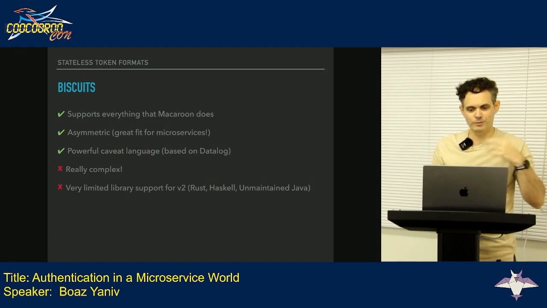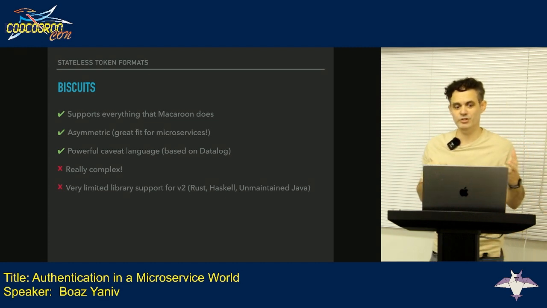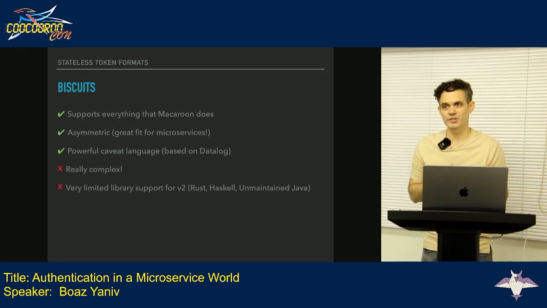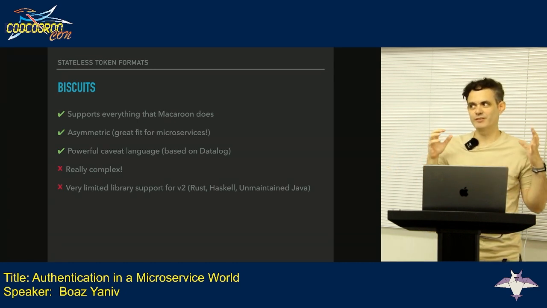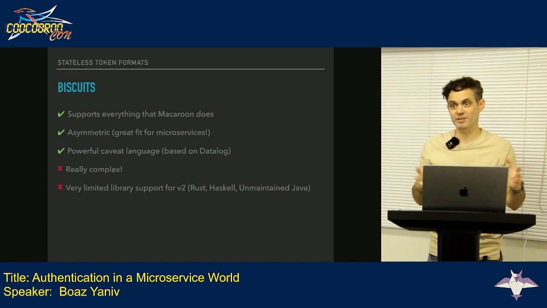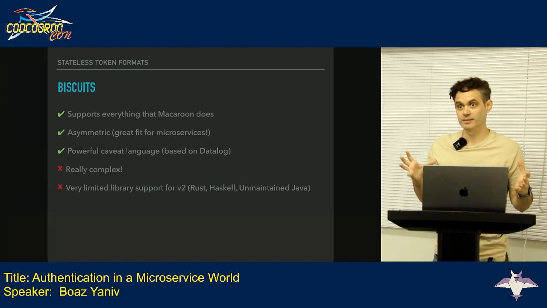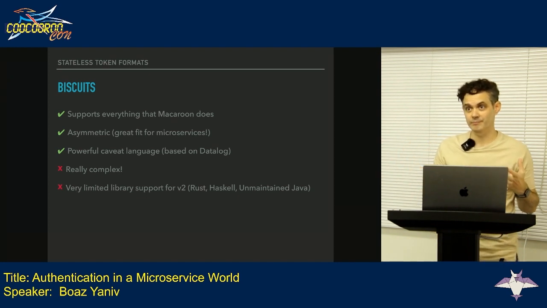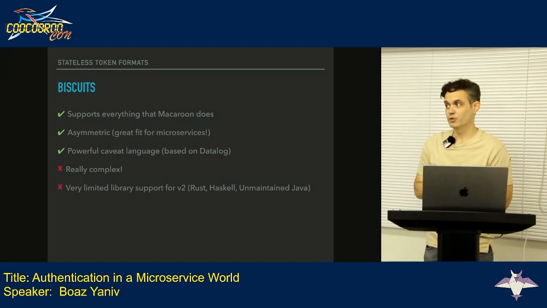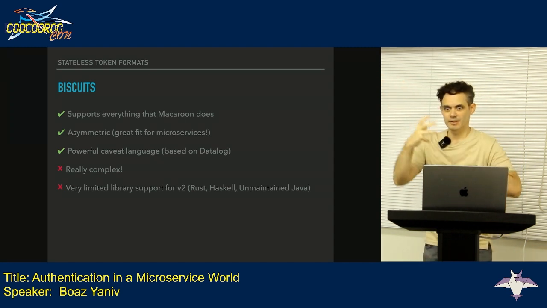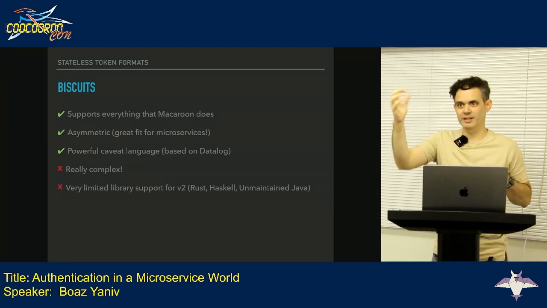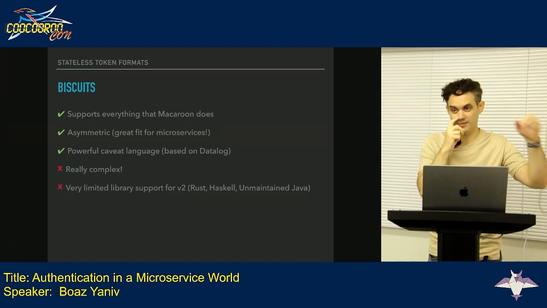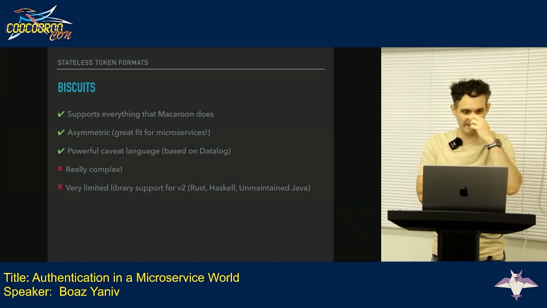And what's more, that caveat language is based on Datalog, which is a Prolog-like logical language. So you basically have a very powerful language that specifies logical constraints on what can or cannot be done. And you can run a logical resolver that basically takes an action and says, can I do it based on the constraints that are included inside this thing.